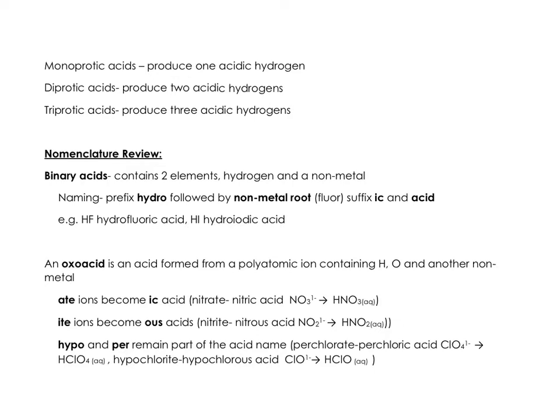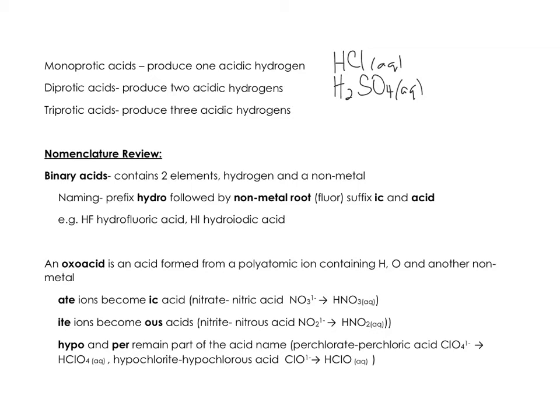A little review about acids and bases. A monoprotic acid means that your acid produces only one acidic hydrogen. For instance, hydrochloric acid has only one H in its formula. A diprotic acid produces 2 acidic hydrogens, but not in the same step. An example of this is H2SO4.